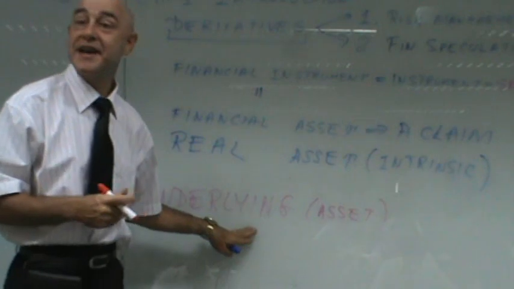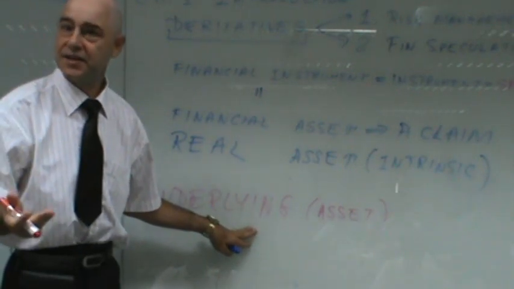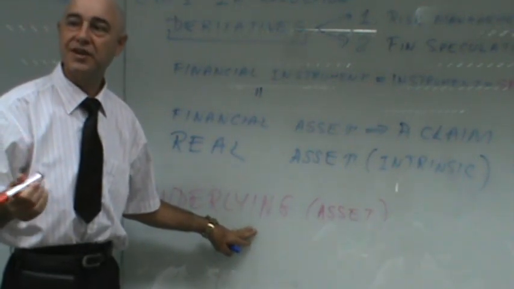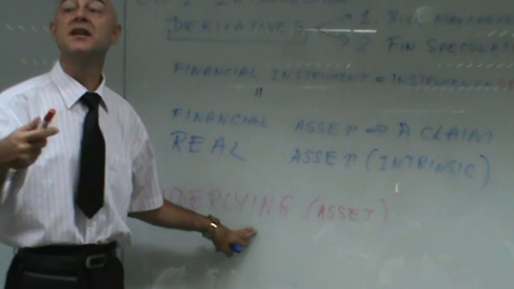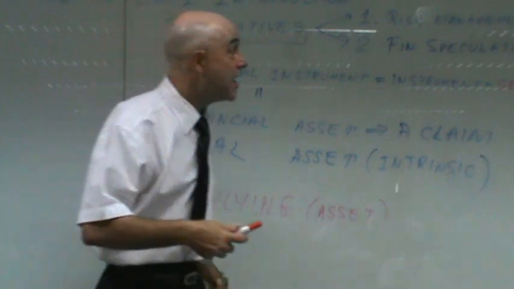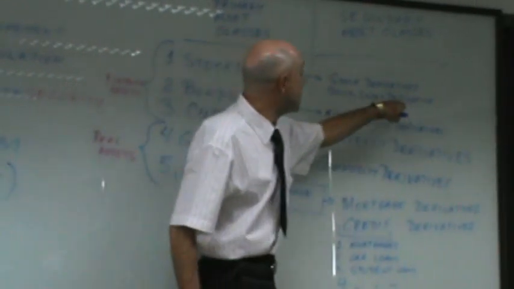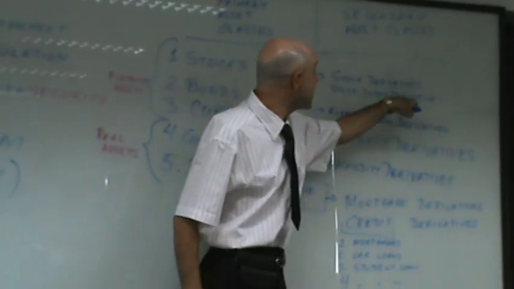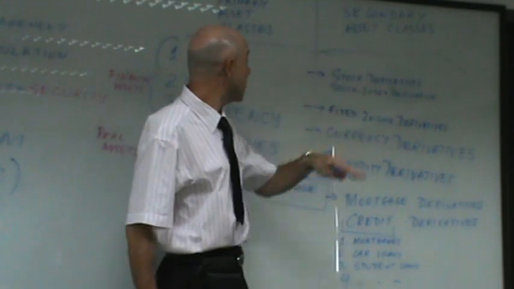An underlying asset is the asset on which the derivative derives its value. So, the underlying asset of a stock derivative is the stock. The underlying asset of a stock index derivative is the stock index.